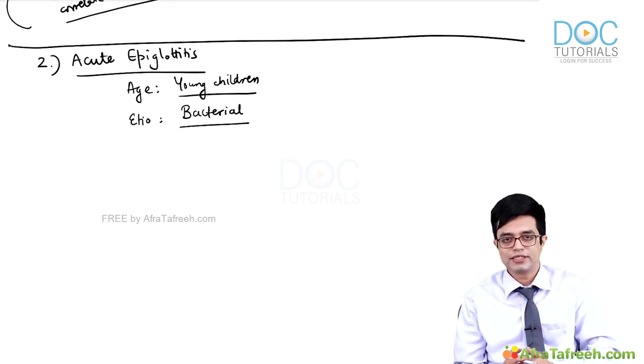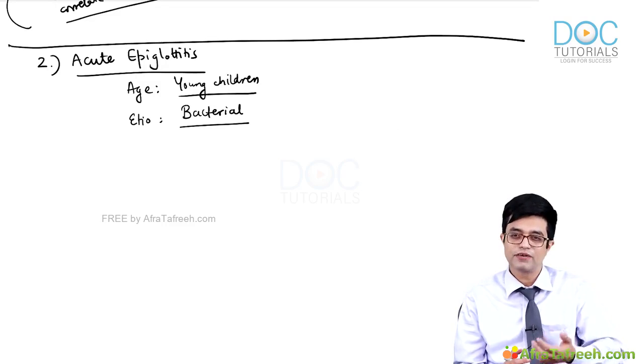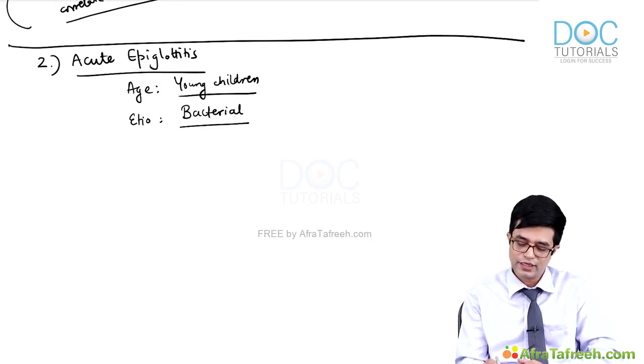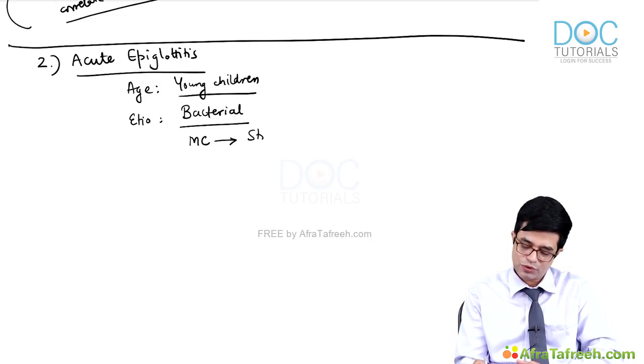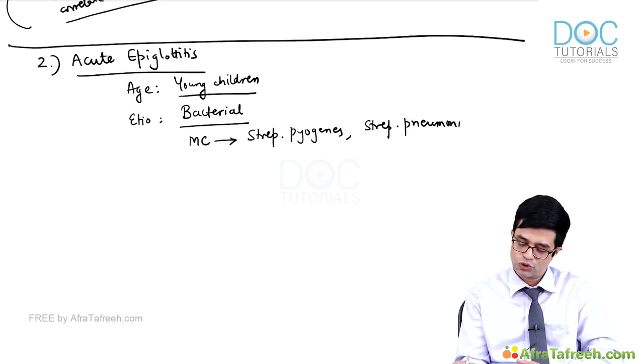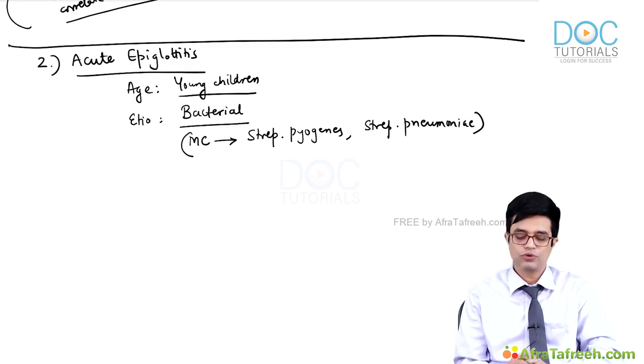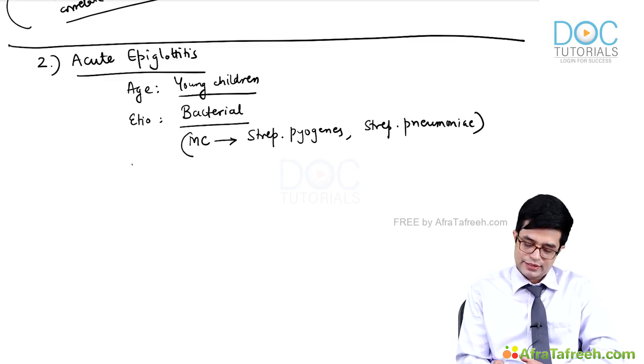With H influenzae vaccination coming, it is no longer the common cause, and all standard books, including recent articles from Indian studies, are very clear that the most common bacterial cause of acute epiglottitis is streptococci. It is Streptococcus pyogenes followed by Streptococcus pneumoniae. Whether India or world, the most common pathogens are streptococci. Frequency, it is considered to be a rare but severe infectious state.